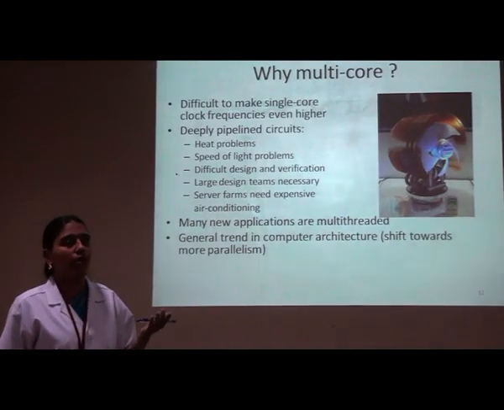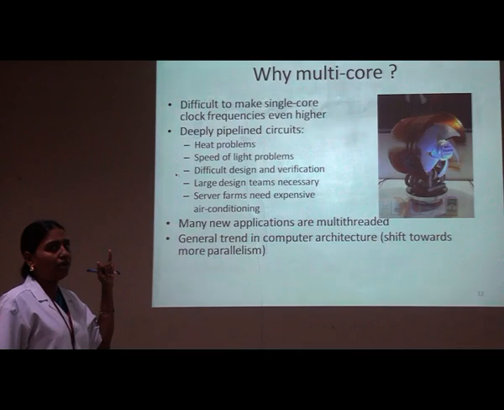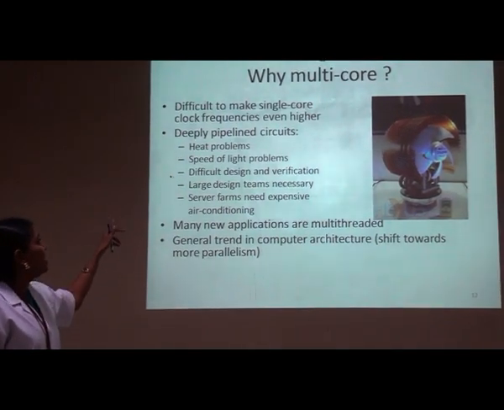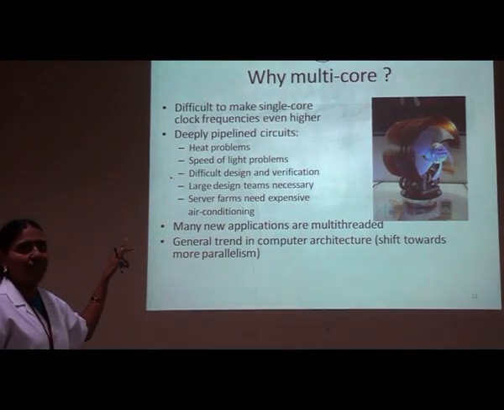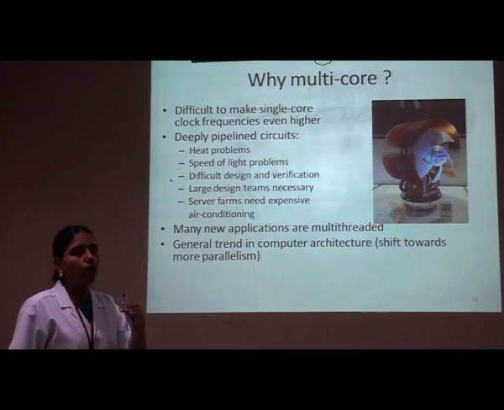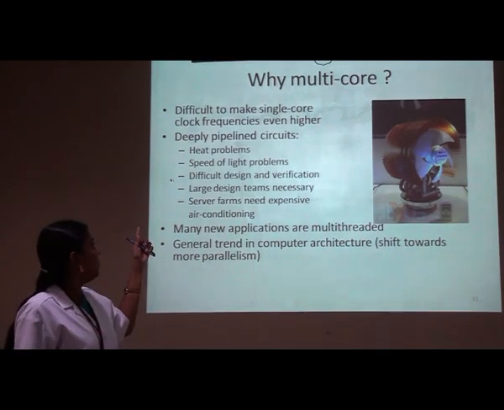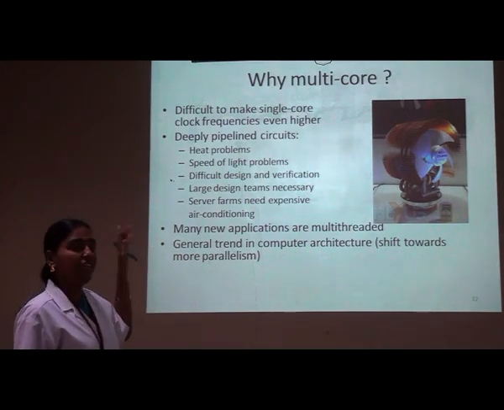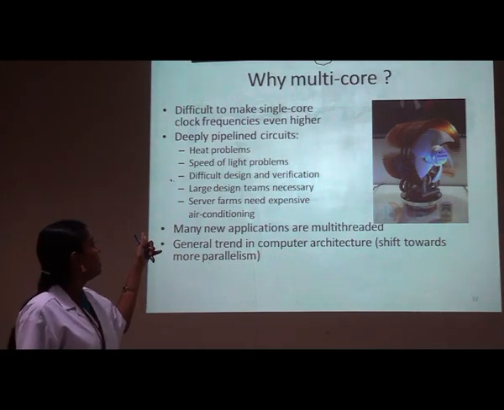What are the other drawbacks here? Heat problems, then certain speed of light problems, and difficulty in design and verification. If we use one single core, we will have design and verification problems, and large designs will be needed.